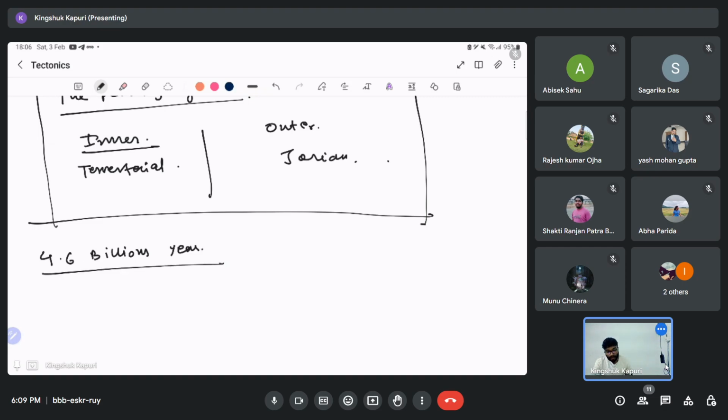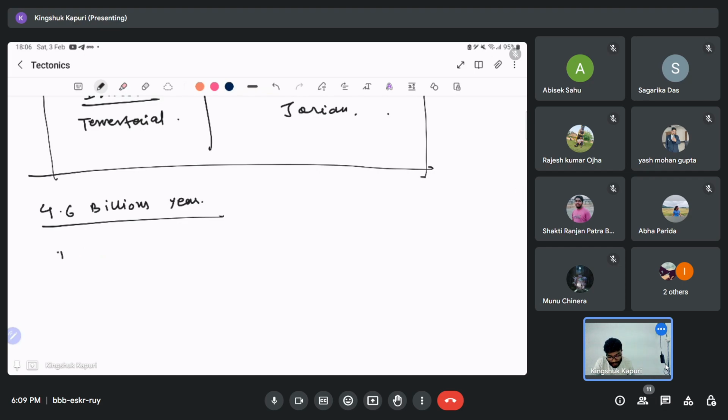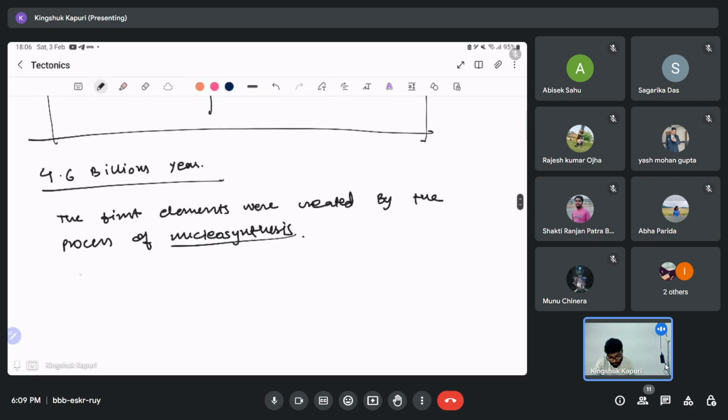As we all know, after the Big Bang, or from the extension from the point of singularity, the first elements were created by the process of nucleosynthesis, right? Now we know that the elements were created from the cosmological Big Bang.